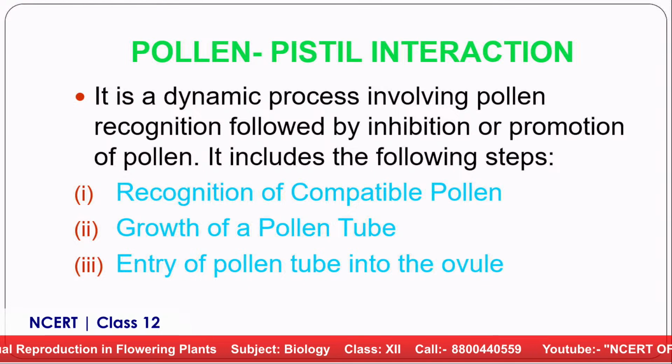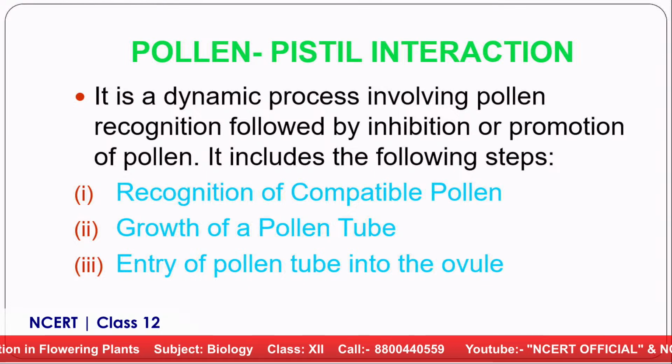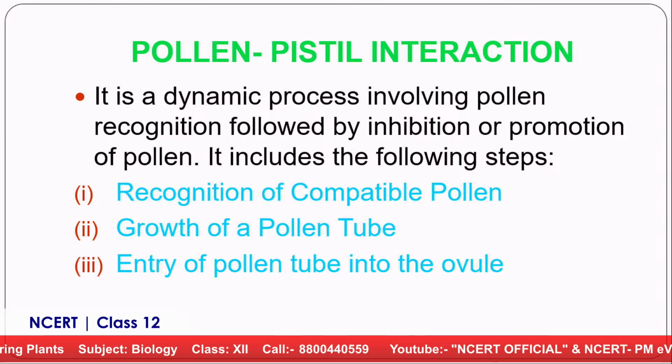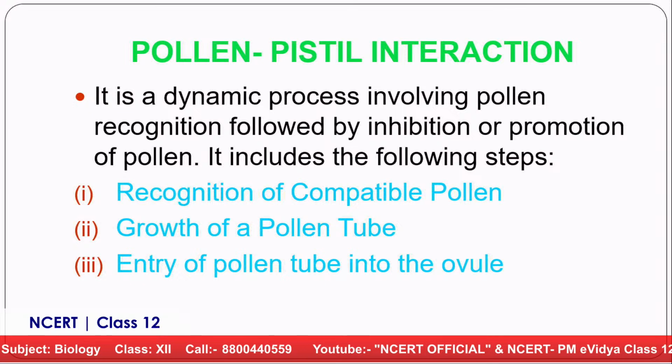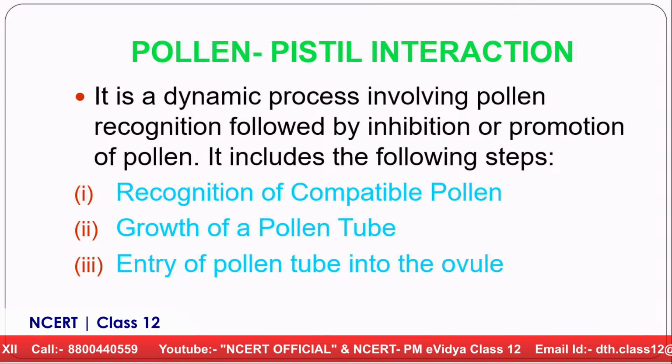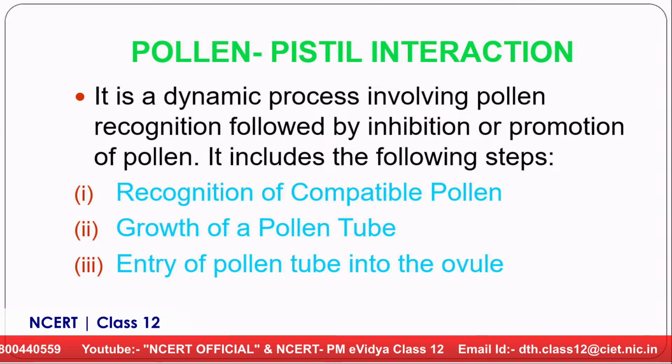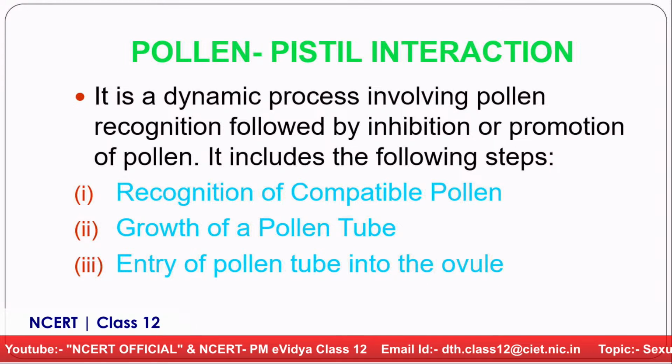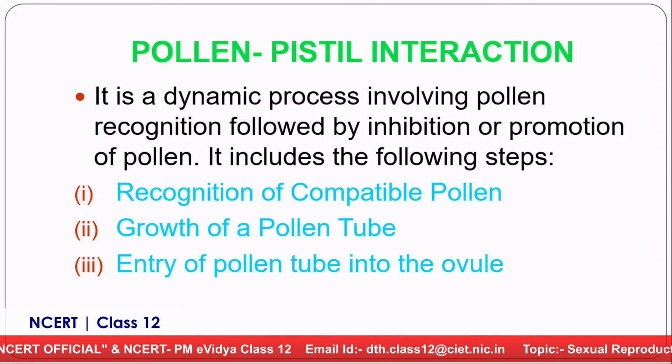It includes the following steps. Step number 1. Recognition of compatible pollen means stigma recognize करेगा कि pollen जो fall हुआ है वो compatible है या नहीं. Second, growth of a pollen tube.